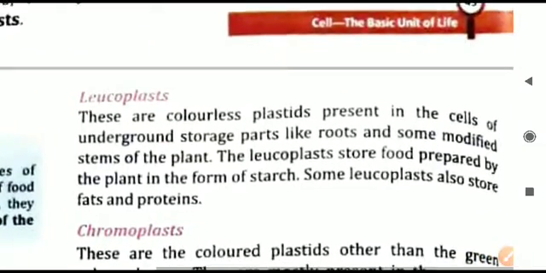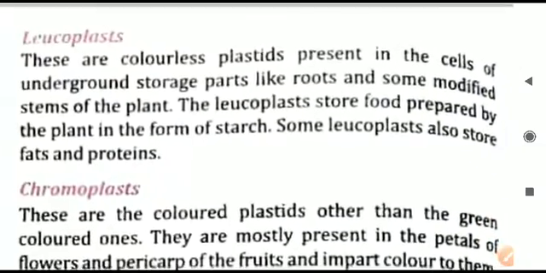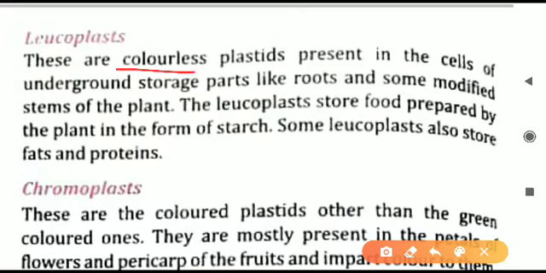First of all, the leucoplasts are the colorless plastids. These plastids do not have any color. Then what do they do? They are responsible for storing the food prepared in the plant in the form of starch. Whatever food is prepared by photosynthesis, that extra food which is not required at that time will remain stored in the leucoplast in the form of starch.